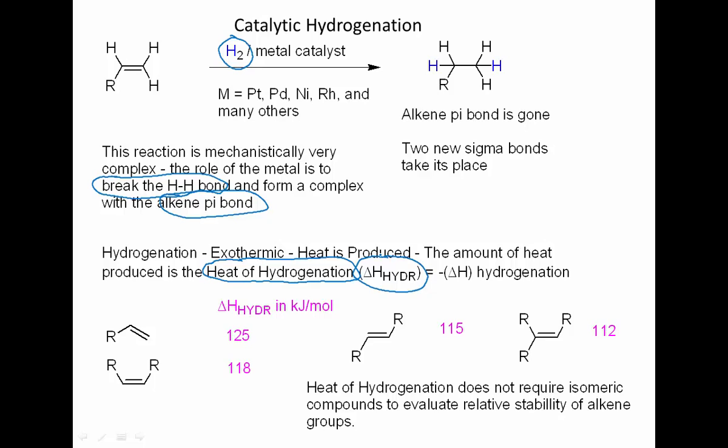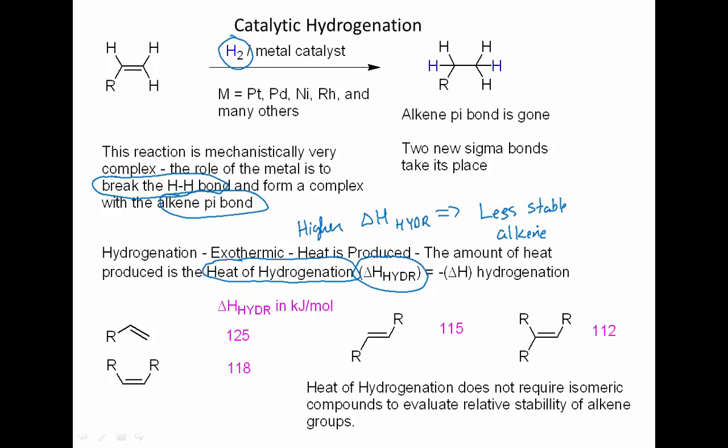If we assume that the alkanes that we're producing are relatively of equal stability, what we can say is that the heat of hydrogenation can directly compare with the alkene stability. So higher heat of hydrogenation translates to a less stable alkene.